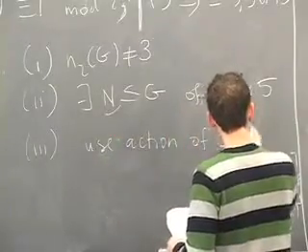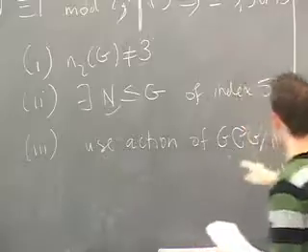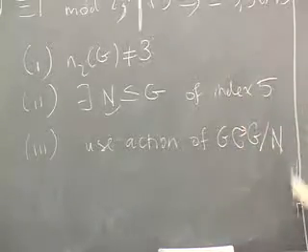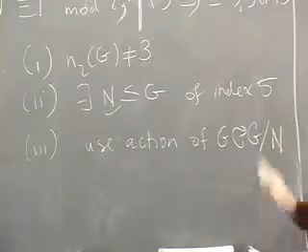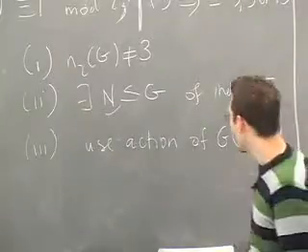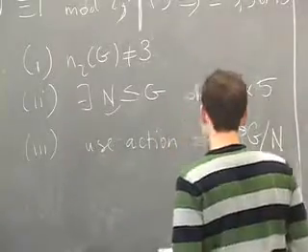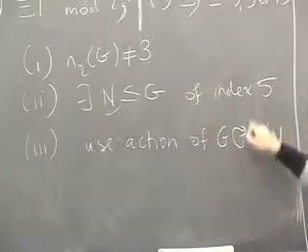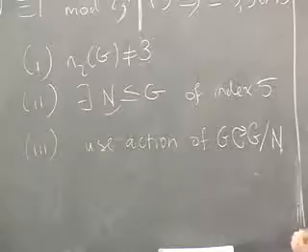of G on the coset space. If you have some group G, it certainly acts on its coset spaces by translation, by left multiplication. So if N has index 5, then this coset space has size 5.